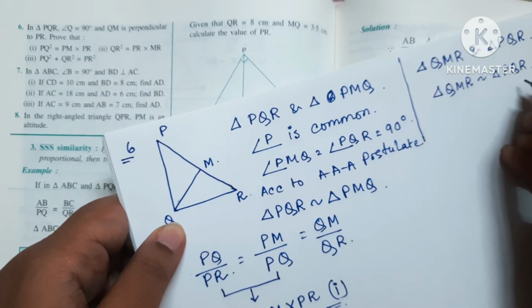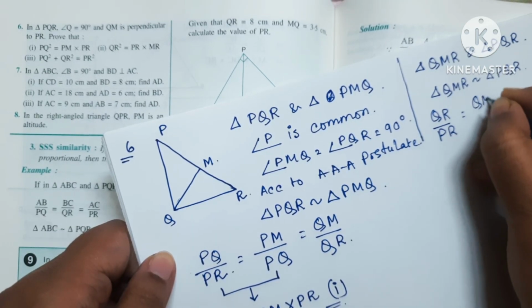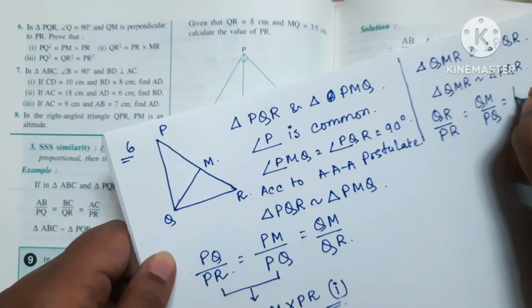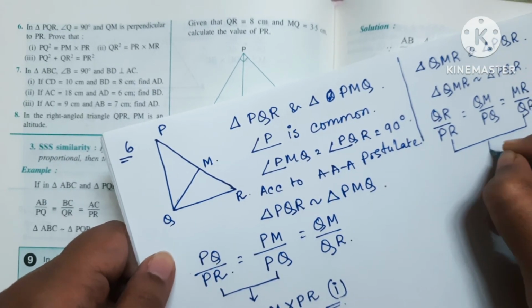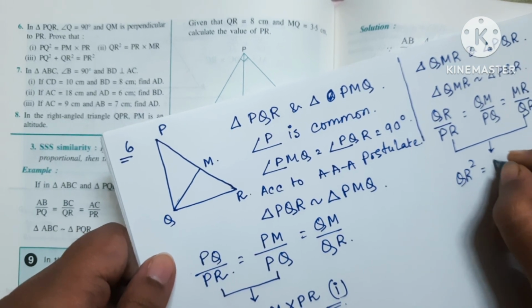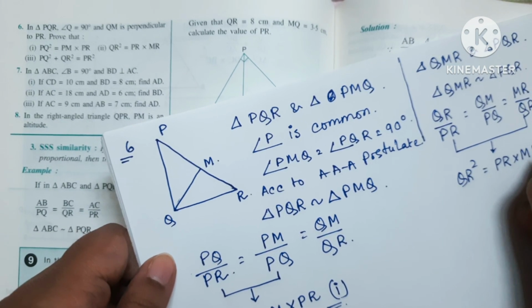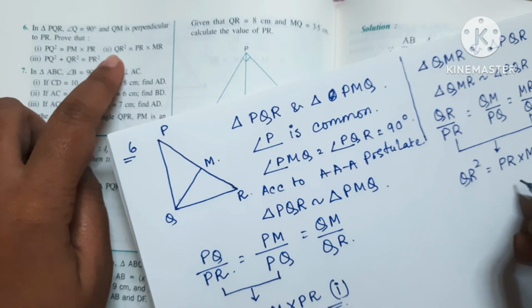So from here you can write QR by PR is equal to QM by PQ is equal to MR by QR. So from these two parts you can say QR square is equal to PR into MR. So this is the proof of the second part.